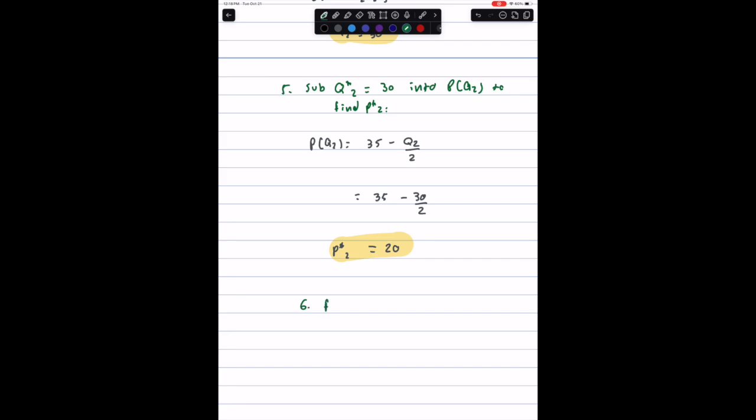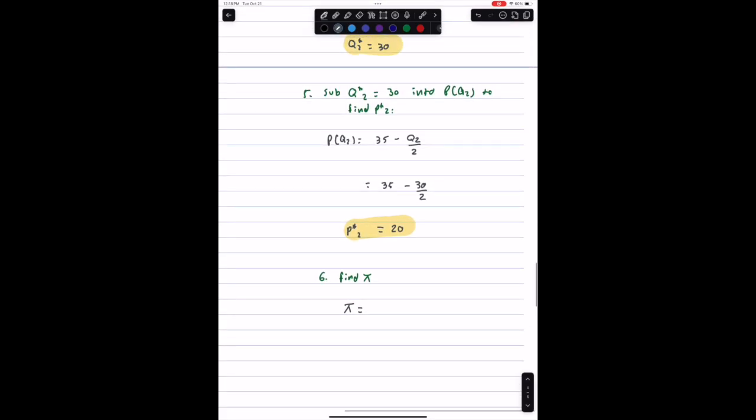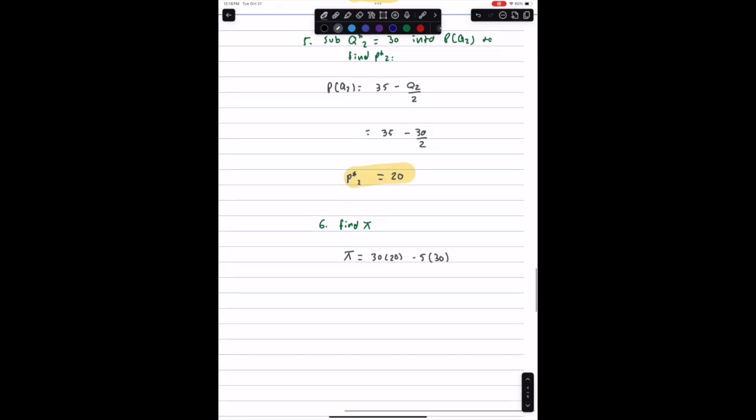And finally, step number 6, find profit. We know that profit is just going to be equal to our Q star, which is 30, times our P star, which is 20, minus our average cost, which is 5, times 30, which is how many units we sell. Let me just do the calculations. Minus 5 times 30 is equal to 450.